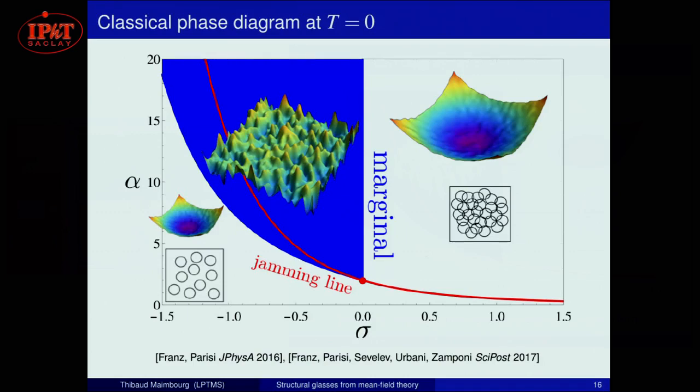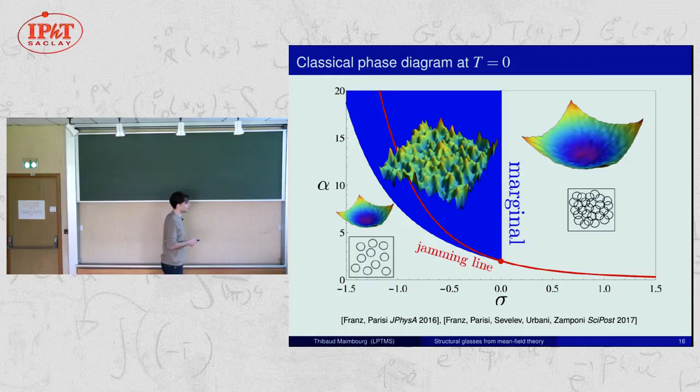Anyway, the classical phase diagram, purely classical at zero temperature, has been computed in those references. It's density alpha versus this parameter sigma. What you see in this phase diagram is that at low density, at zero temperature, the ground state has no overlaps. So it's a low density phase.